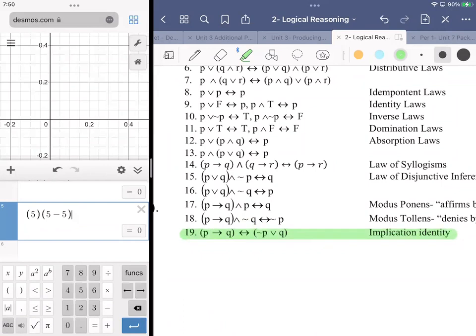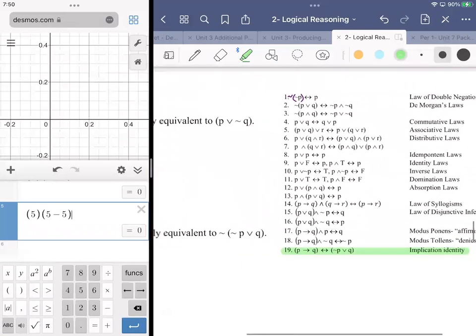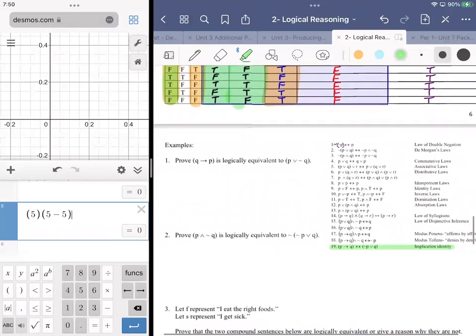I copied and pasted, but it's a few pages earlier. P implies Q if and only if not P or Q. So this is the implication identity.